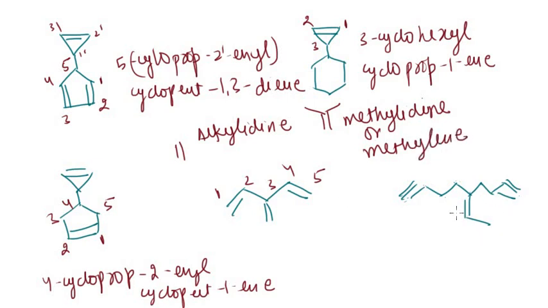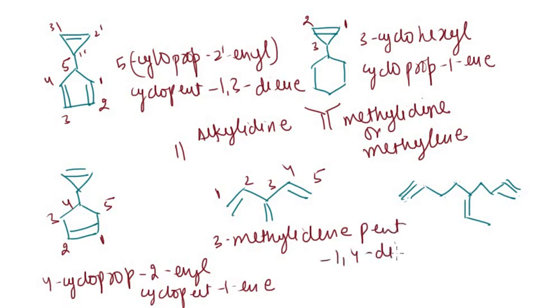Like here it is called ethylidene. And we know it could never be a triple bond because carbon can never have a valency of 5. So it is only applicable in case of a double bond. So it is 3 methylidene penta-1,4-diene.